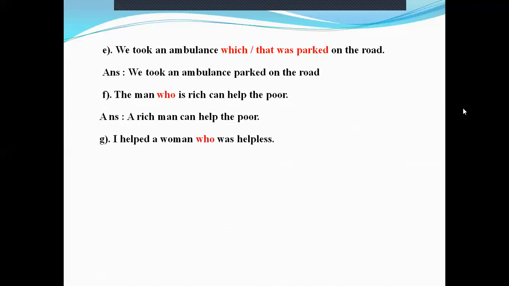G. I helped a woman who was helpless. Here there is who, so omit who and rearrange the sentence. Just put helpless before woman. So it will be I helped a helpless woman.